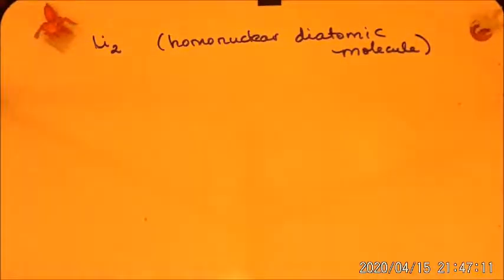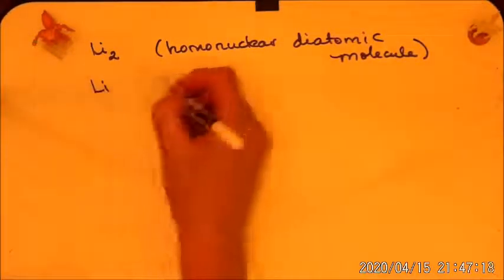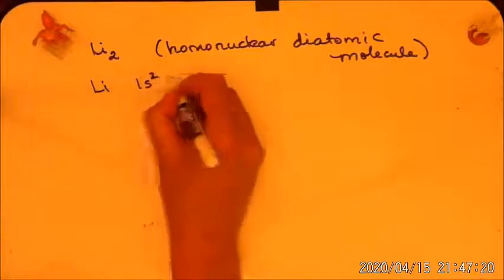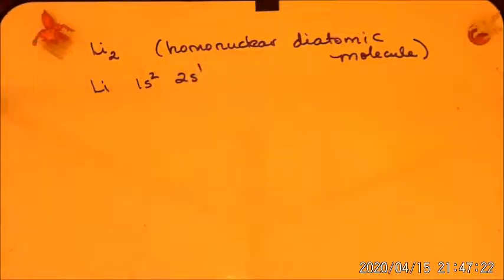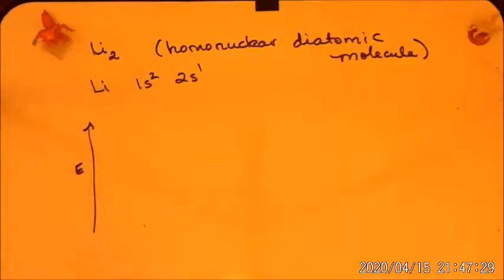Now when we do that, what we're going to find is this. Lithium is 1s2, 2s1. So we're going to have 2 sets of molecular orbitals that we need to look at.